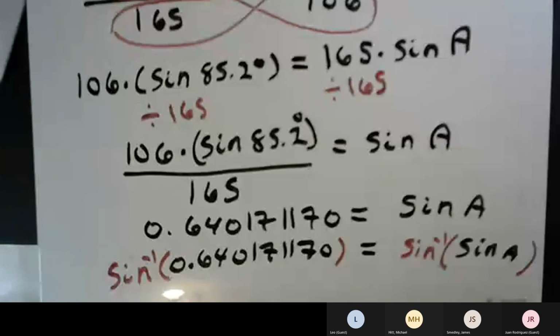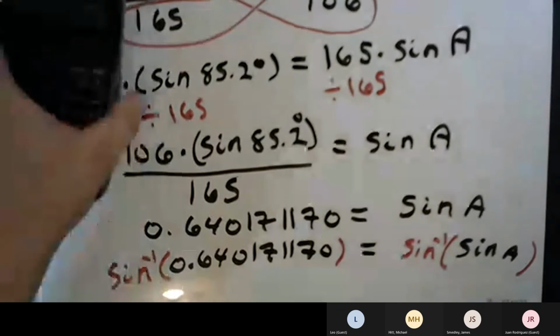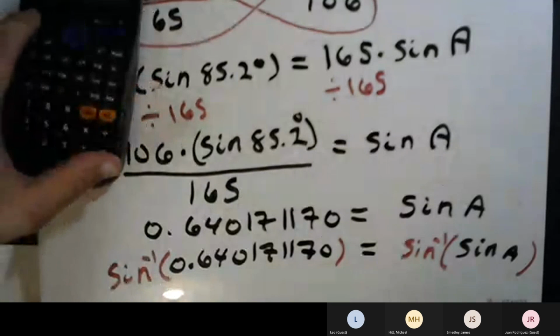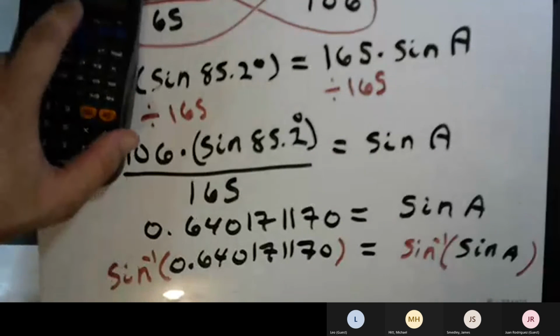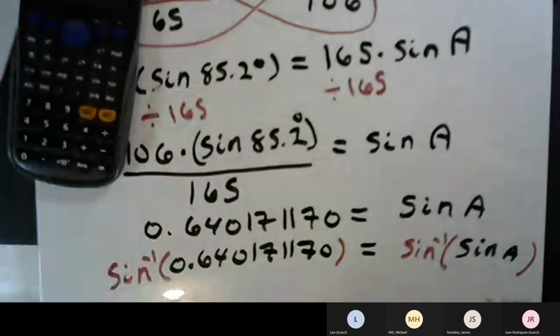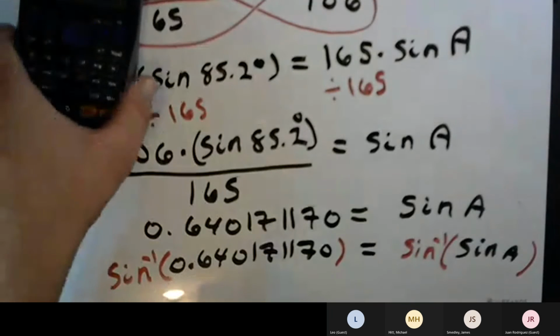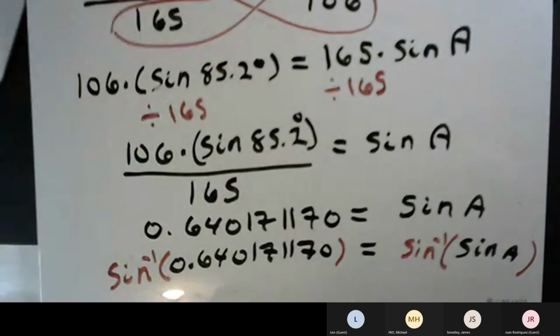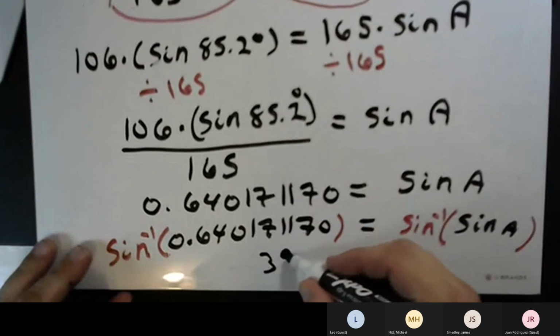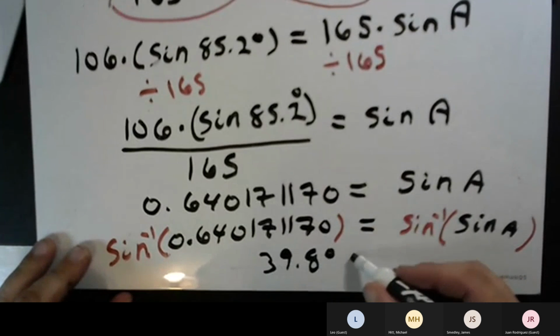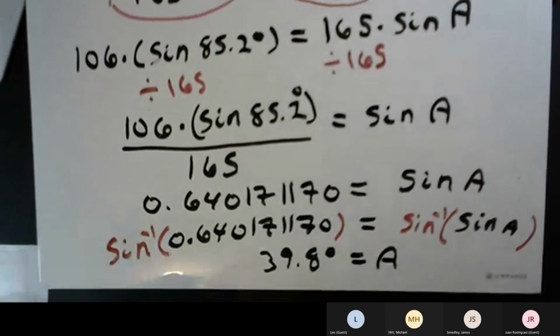That means the sines will cancel. And then if I calculate sine inverse of my answer, you get, rounding, about 39.8 degrees. So that means A is about 39.8 degrees.